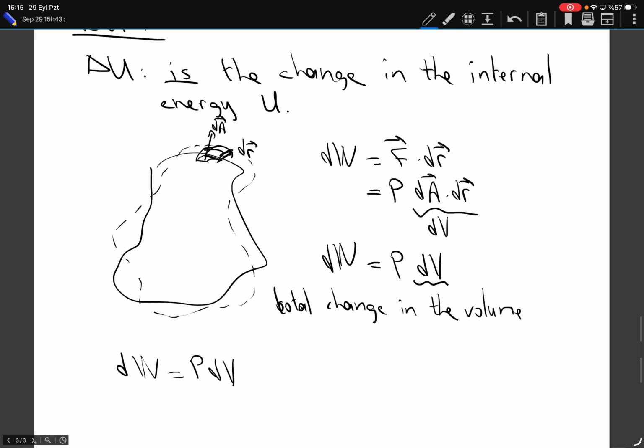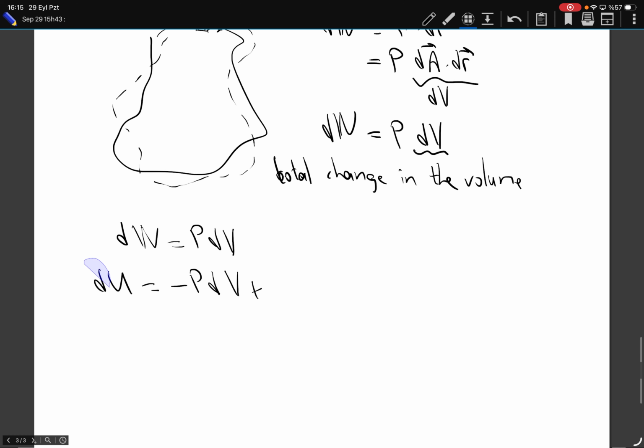Well, it's usually a good idea to check the signs. You see, if the system is expanding, it means the system is doing work on the environment. Then dV is positive, P is positive, so dW is positive. So the sign here is the correct sign. So dU will be minus P dV plus dQ.